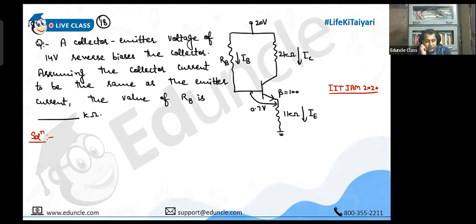VBE is 0.7, VCE is 14 volt. So you can directly calculate IC and hence IE, and with the help of that, I think we can get RB.